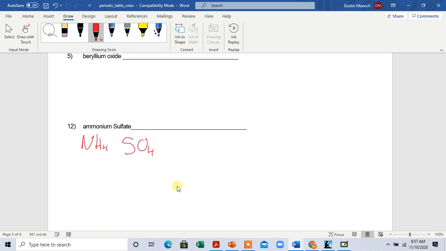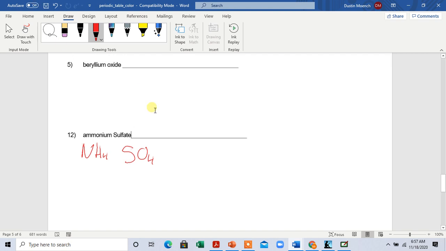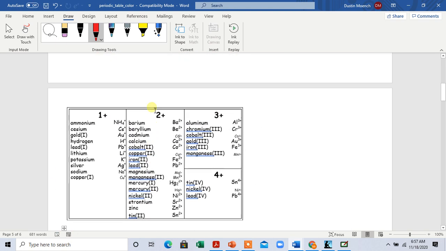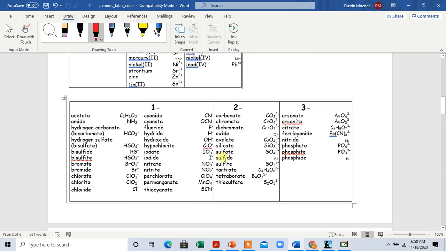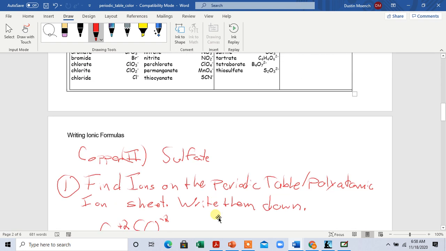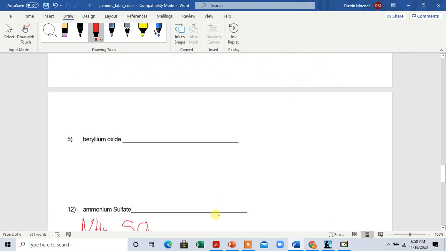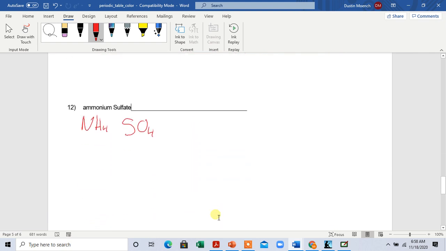Then I'm going to look at the charges for each. NH4 is +1, ammonium is +1, and sulfate is -2. Now we need to see that they balance out. +1, -2. They don't. So there is more negative than positive. So I need to add another positive polyatomic ion.